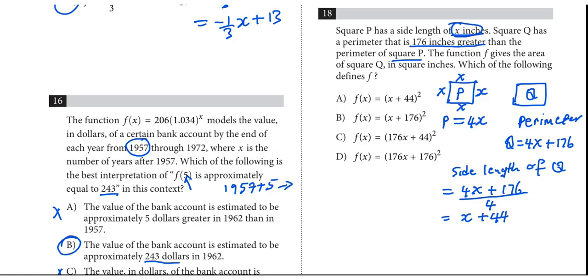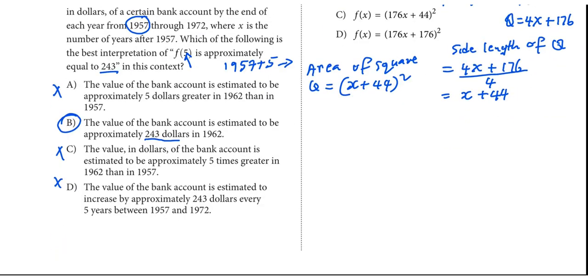All right. So now this is the side length of square Q. So the area of square Q will be equal to x plus 44 squared. So option A has it, because once you have the side length of a square, the area is simply the side length squared. Okay, so option A has it. So that is it for question 18.